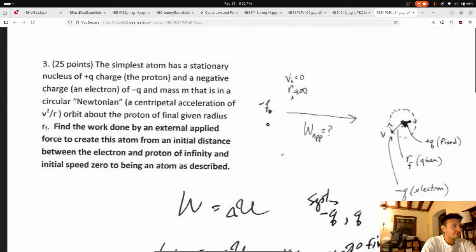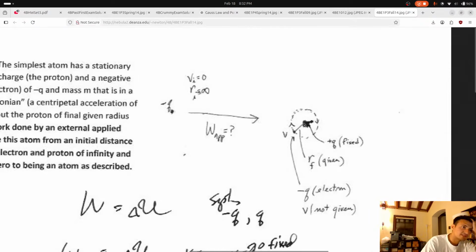Then you're gonna have the kinetic energy of this. So I think I'm gonna take the system to be both particles. So then we're gonna have a potential energy, but then the work done. Ooh, actually, if I take the system to just be Q minus the electron, hold this fixed, which is fine.